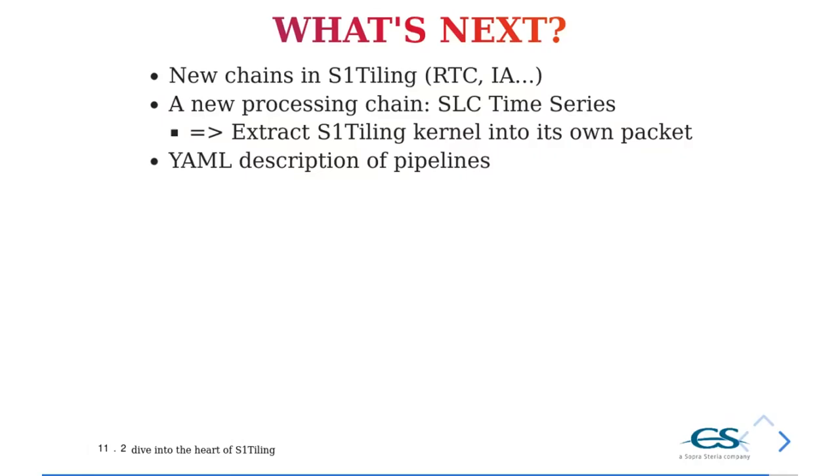RTC correction has been written as well, and it will also arrive in S1Tiling 1.2 as soon as we have finished our process of freeing some internal development for open source. It's just legal stuff. And another important chain that is coming is about producing maps of incidence angle on the geoid directly. This is pure S1Tiling on this point.